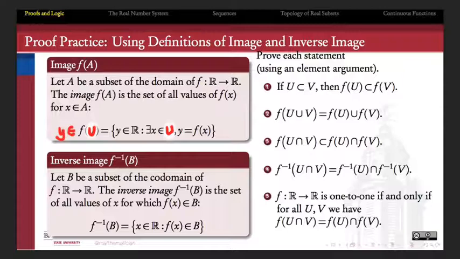So what's great about this is that it lets me take that assertion, there exists an x in u such that y is equal to f of x. And now I get that in my proof. I now have a statement that I know to be true by the definition of image.